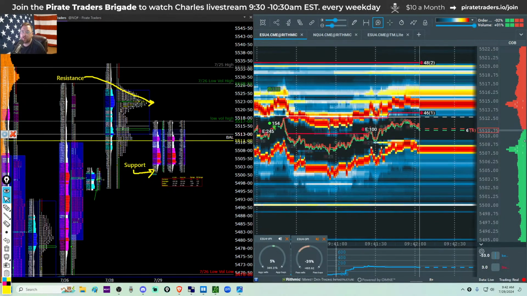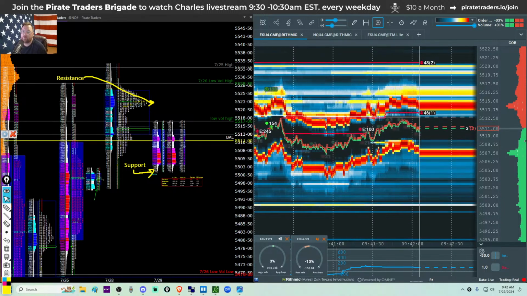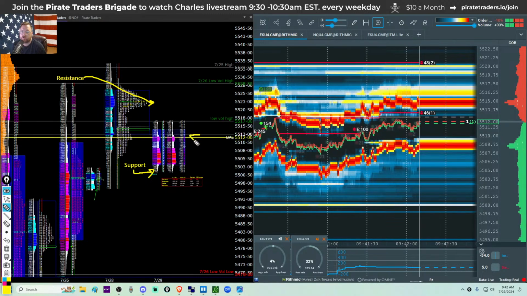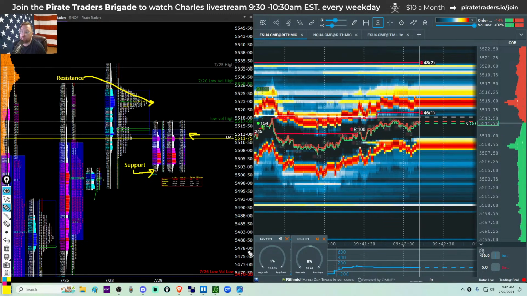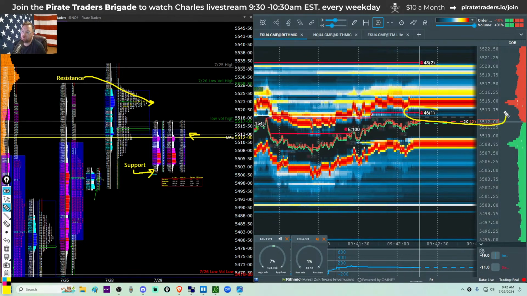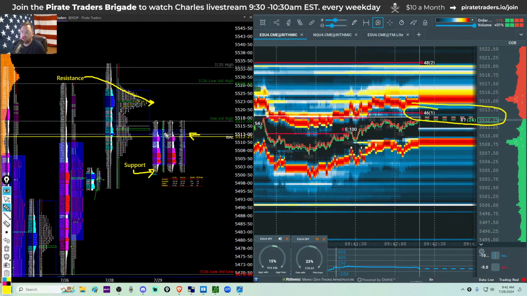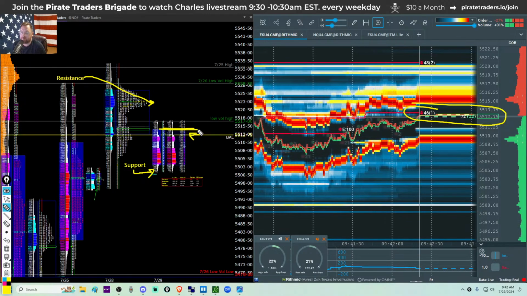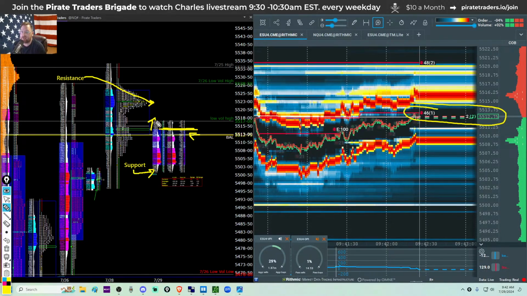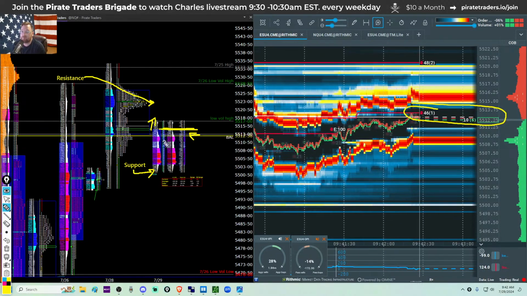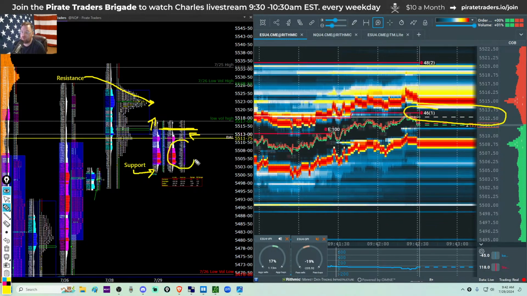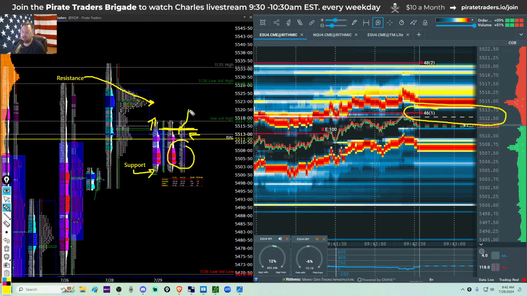Okay, so this is another level right here around 55.13 where the sellers need to smack the market down if they want to take the market lower this morning. We can see there's an iceberg there, so it's likely to get tested, and the opening price is just above it. If the sellers want to take the market lower, they do not want it to pass back through the opening price, because if it does, anyone who's been short so far this morning is likely to start getting squeezed.